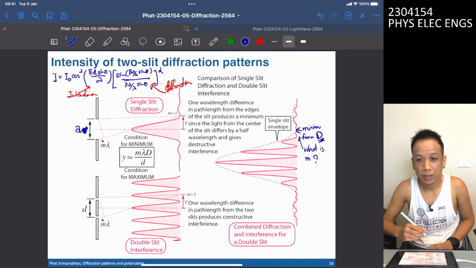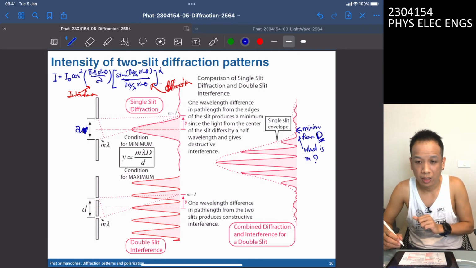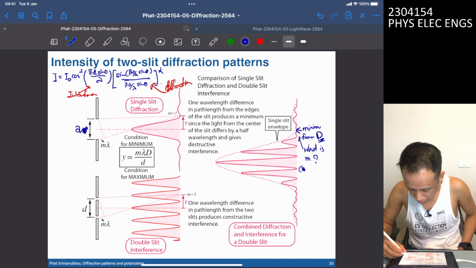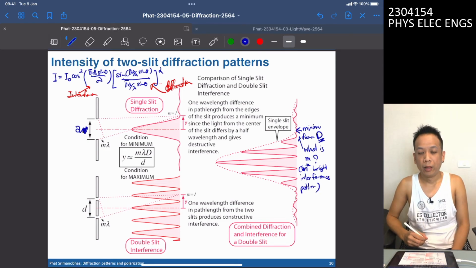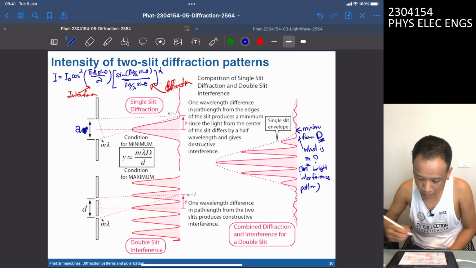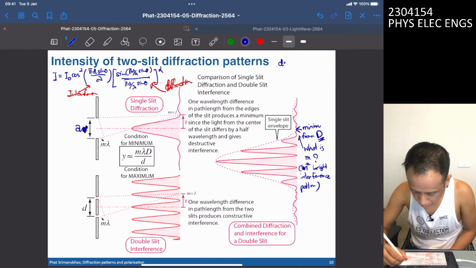Okay, so let's say m is the m-th bright interference pattern. Okay, so we make the conditions happen. So you have d sin theta equal to m lambda.